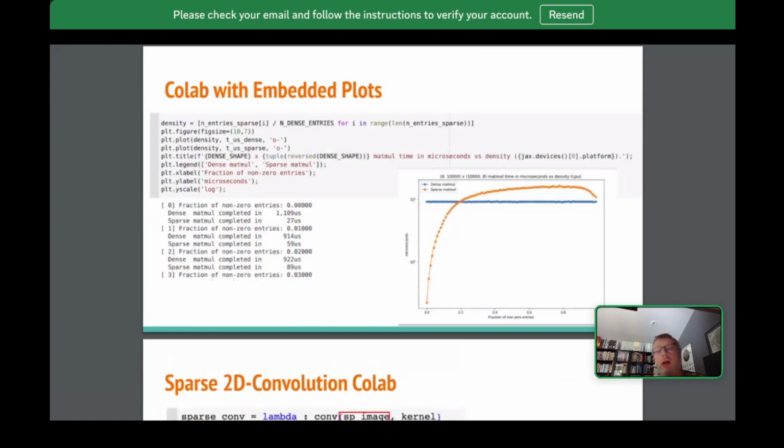But obviously the yellow line is now our sparse generated code, and it goes from really fast when it's completely sparse to a crossover point where it matches the dense performance, and then it becomes slower as expected. It dips off a little bit, which surprised us too. We think there's some weird cache effects going on there, so don't focus too much on that. But it's very nice to see here that at about 20% there's a crossover between dense and sparse.